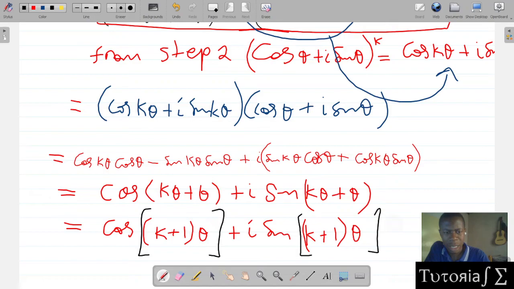We see that this is actually equal to the right hand side.